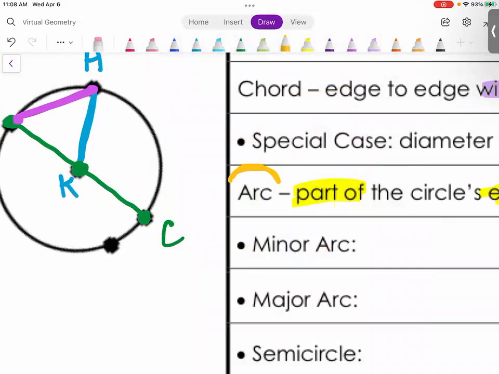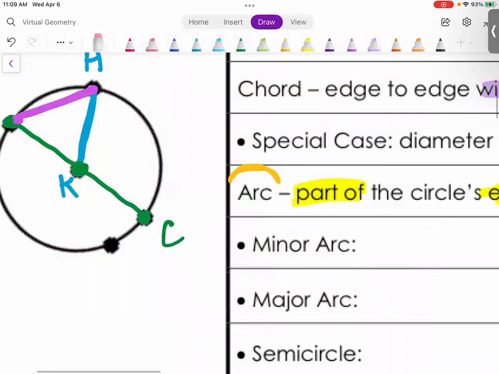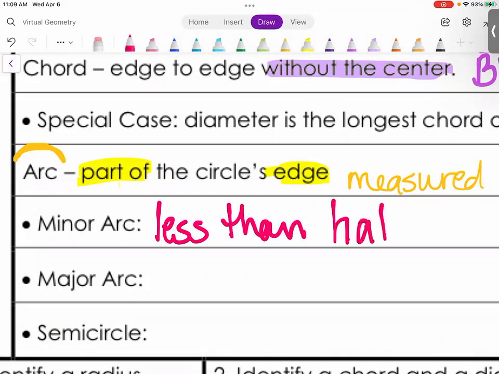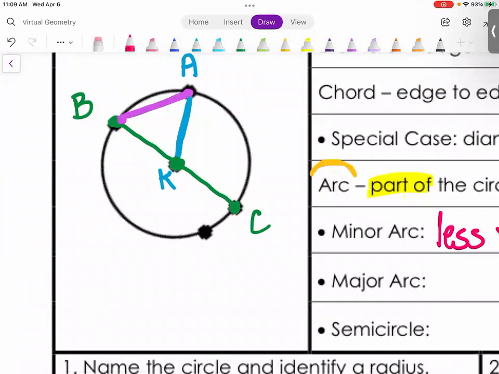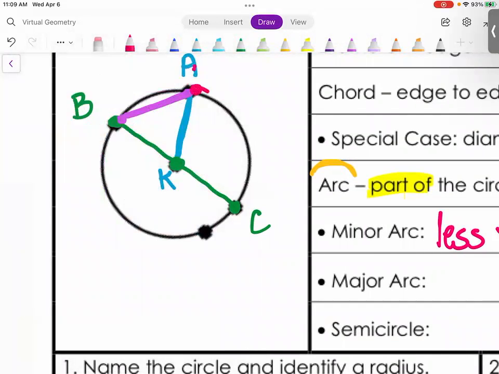Now, arcs come in 3 classifications. One of those classifications is what we call a minor arc, which is less than halfway around the circle. So let's say my arc starts at A and extends all the way to C. So I have not gone more than halfway around.